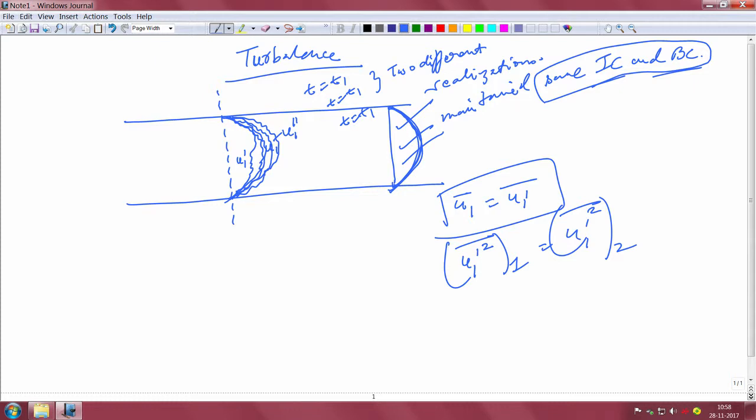So, this brings us to the most fundamental question of turbulence: that it is basically chaotic, and it is highly boundary condition and initial condition dependent. No matter what you do in your experiments or in your simulations, you will have small errors inadvertently in your system. These errors may be in the third place, fourth place, fifth place of decimals.